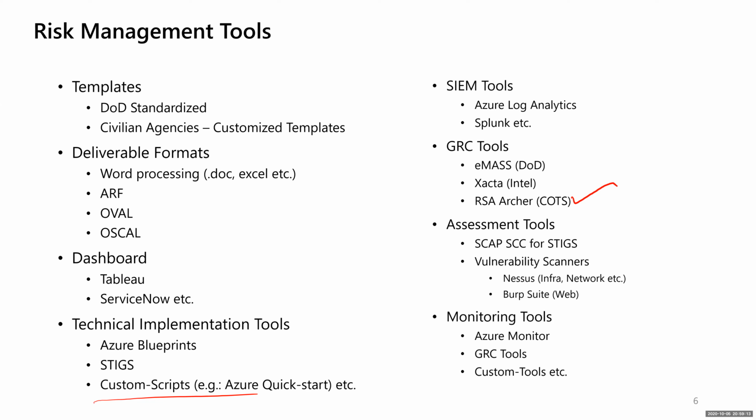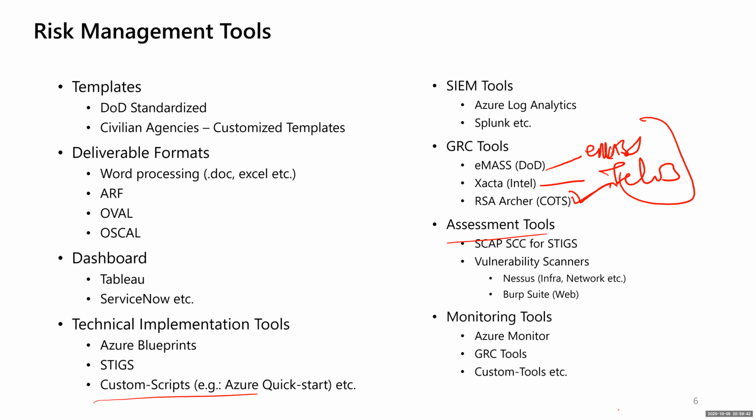Happy to help you look into it though. But yeah, RSA Archer is heavily used in the commercial sector as well as the civilian side. But I can tell you, DoD, they swear by eMASS. Booz Allen built it. Great tool, so many improvement points. The intelligence community uses so much of Xacta. A company called Telos built it. And we are not going to use any of this in the class. Just putting it out there.